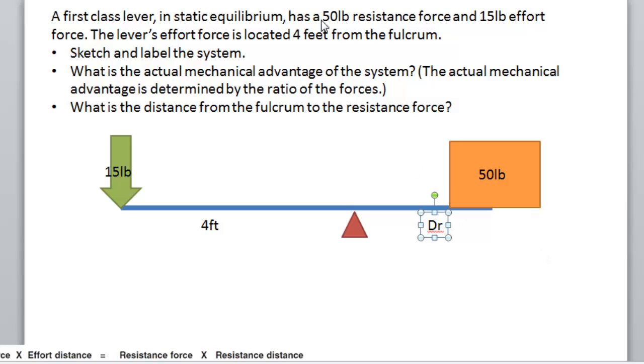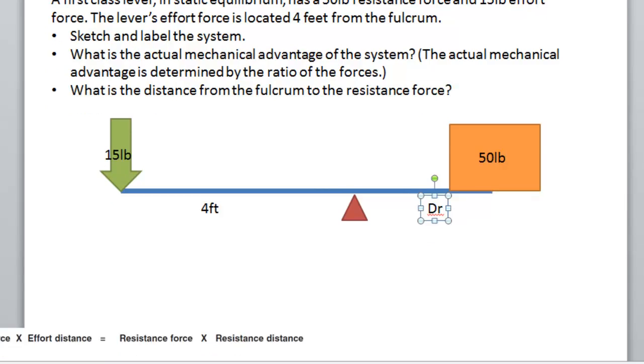And what is the actual mechanical advantage of the system? It says here, the actual mechanical advantage is determined by the ratio of the forces. So to calculate the actual mechanical advantage, we would take the ratio of the resistance force divided by the effort force.